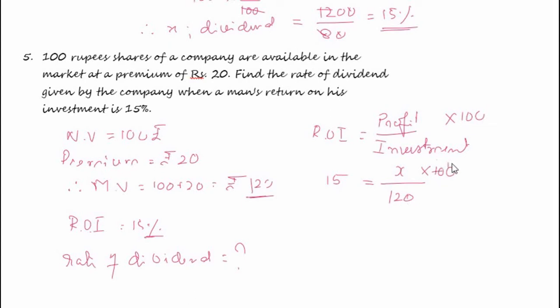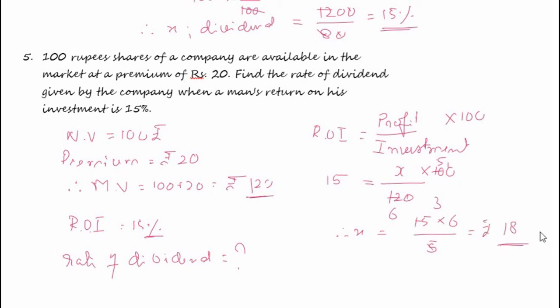This is 2 5 times, 2 6 times. Therefore X, that is the dividend, equal to 15 into 6 divided by 5. So 5 1s are 5, 5 3s are 15. So this is rupees 18. So the dividend received is rupees 18.